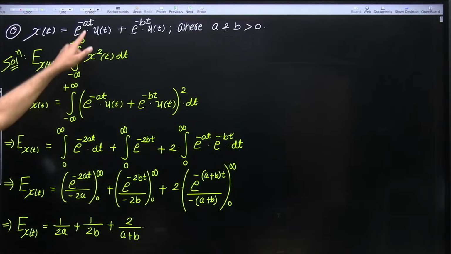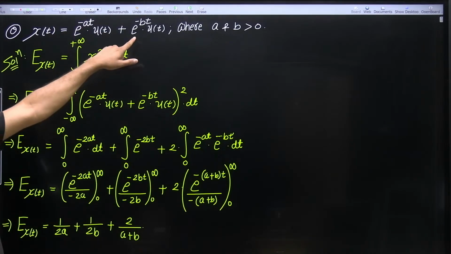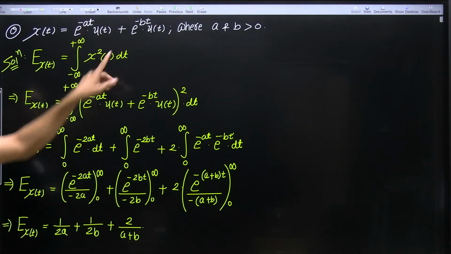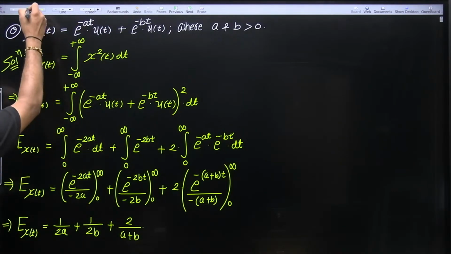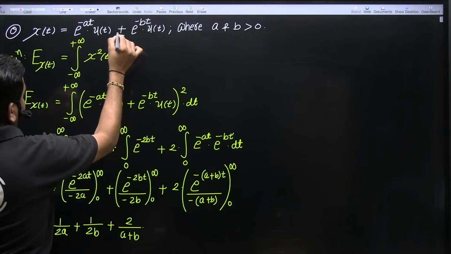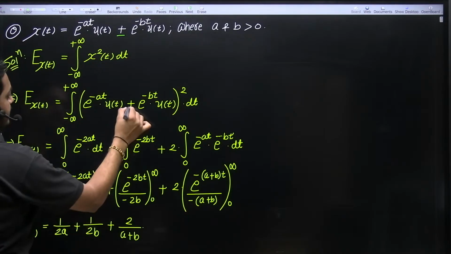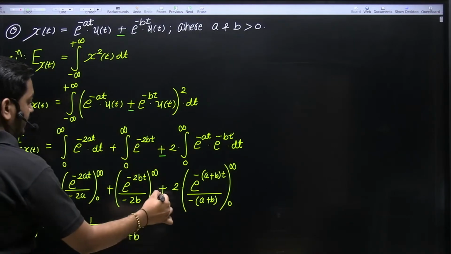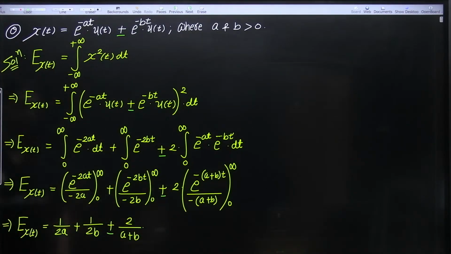Energy of the first signal is 1 upon 2a, energy of the second signal is 1 upon 2b, plus the multiplication is 2 upon a plus b. Suppose there is a minus sign between them; then here also minus sign, a square plus b square minus 2ab, here also minus sign and here also minus sign. Simple. Got it? Okay.